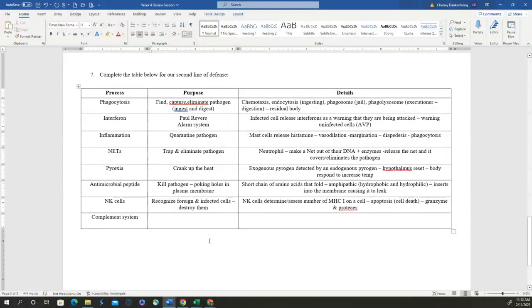pathogen. Okay, last but not least, the complement system. This does a lot, okay? So the purpose is kind of hard because there's so many things that it does. So it's meant to, we'll say, identify, and I guess identify and eliminate is fine. Eliminate the pathogen.